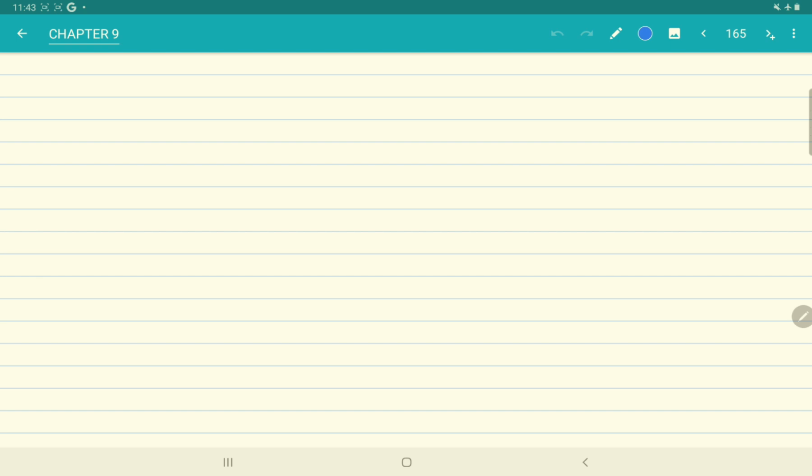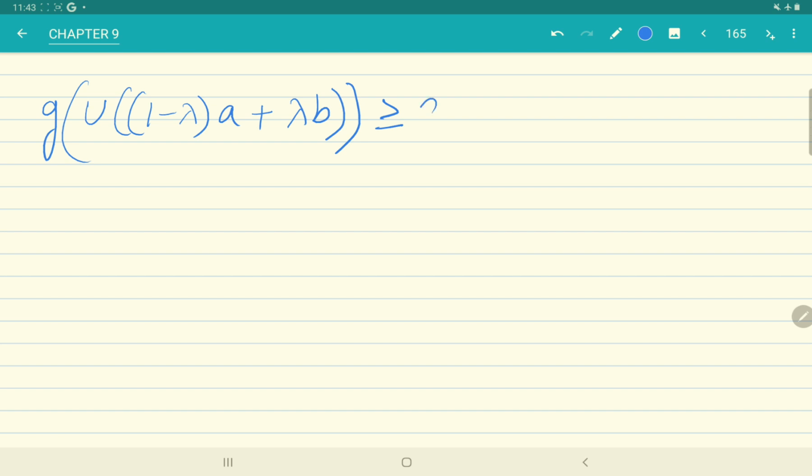So now what we do is we apply g to this, and we will have g of u of 1 minus lambda a plus lambda b greater than or equal to, again, g of 1 minus lambda u of a plus lambda u of b.